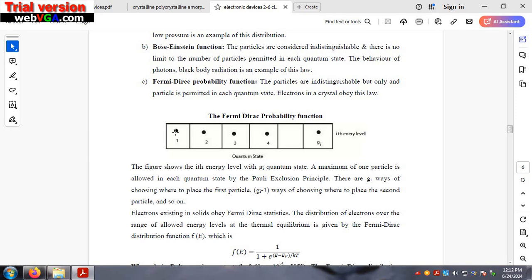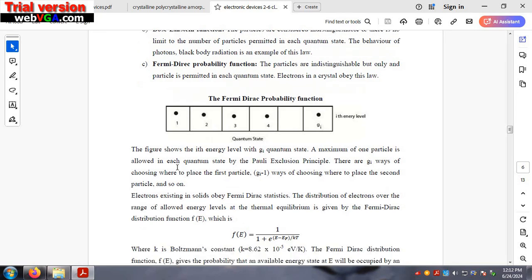If we consider the first particle, suppose G is the available particle states. So the one where that particular particle is arranged may be arranged in G i states. But if you consider the second one, then obviously the first position is already allocated for the first particle. That's why the other particle can be arranged in G i minus 1 ways, and so on.